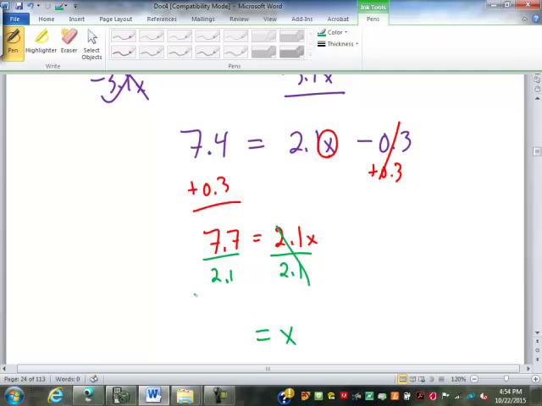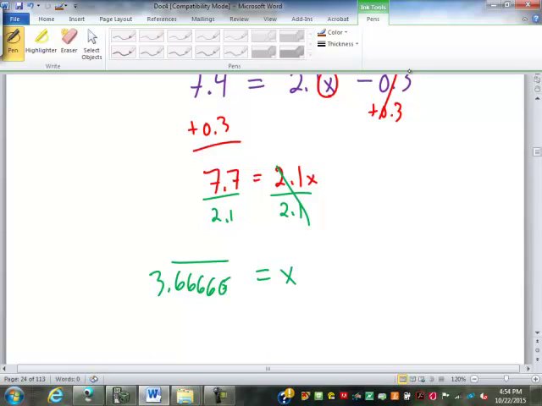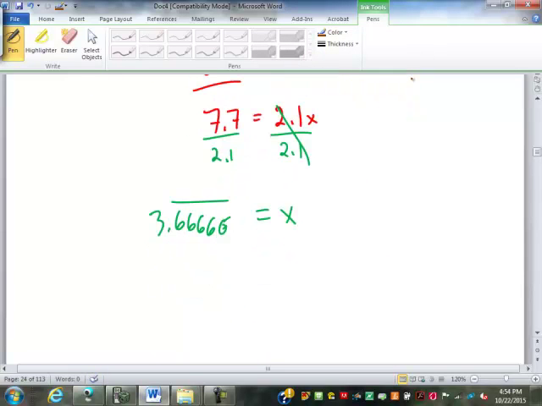So x equals 3.666 repeating? Well, that's just because your calculator rounded off at that point, rounding the 6 up to a 7.